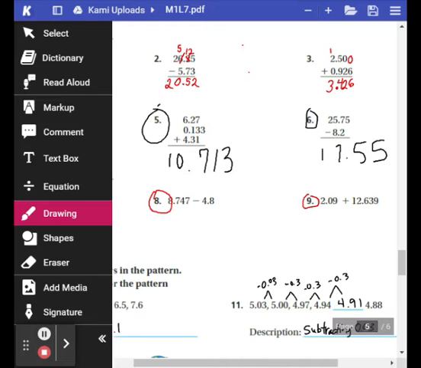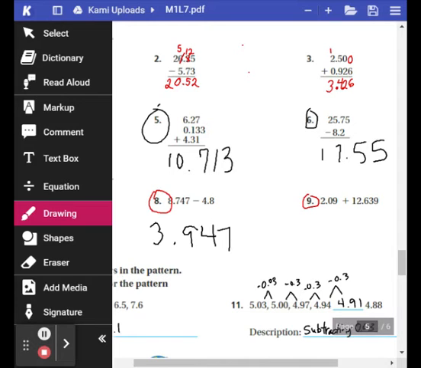I bring down my decimal. 7 minus 4 equals 3. So the answer to this one is 3 and 947 thousandths. Remember, lining them up makes it so much easier when you're adding or subtracting. Line up your decimals.